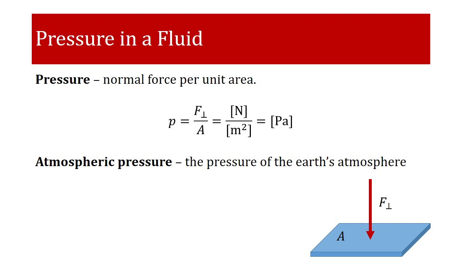Next is what we call atmospheric pressure. This is simply the pressure of the Earth's atmosphere. Since the air in the atmosphere has a mass, it has weight. That weight will exert pressure on the surface, and that is called the atmospheric pressure.